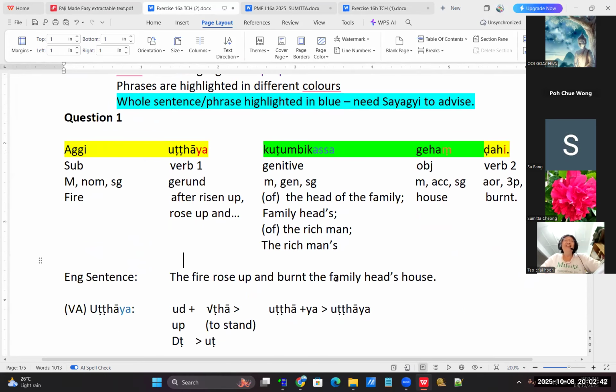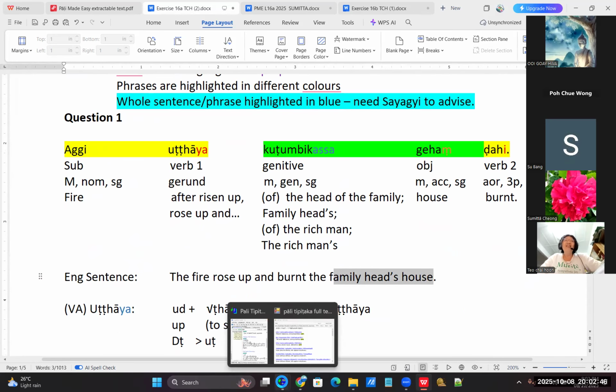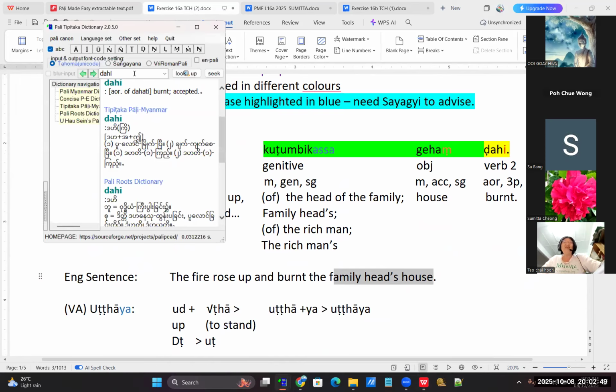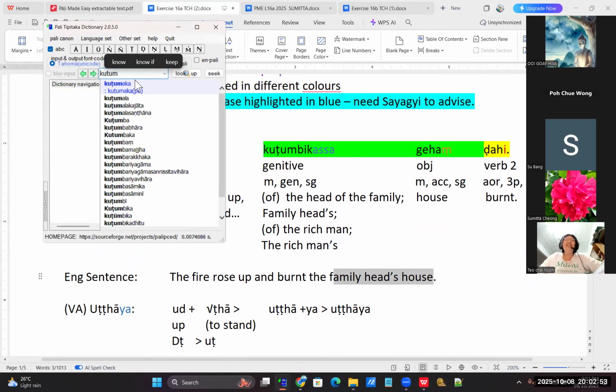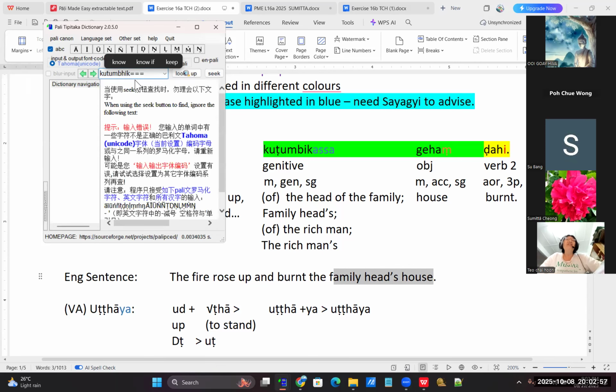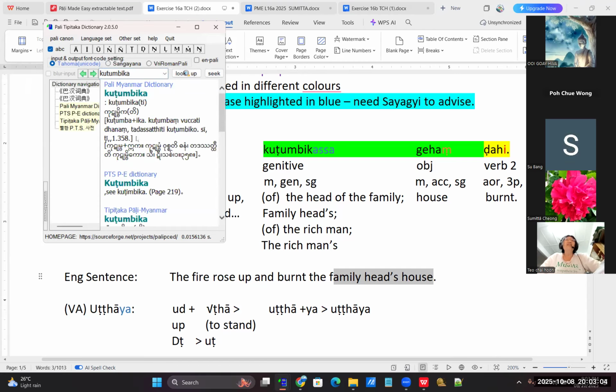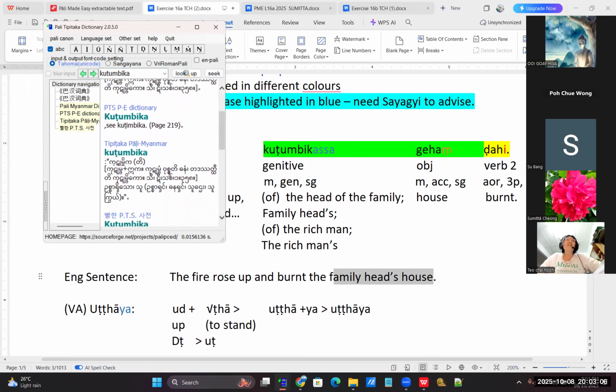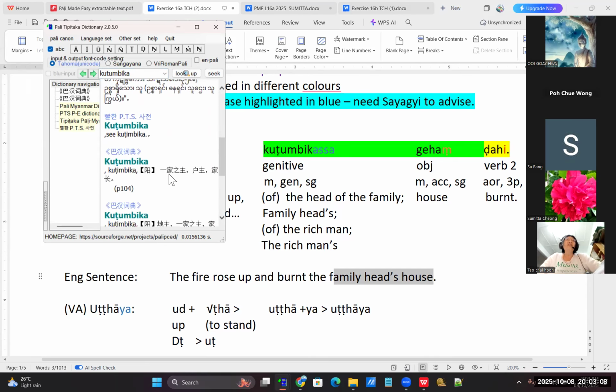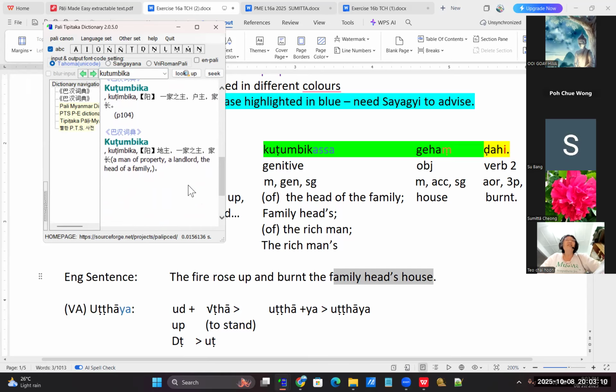Kutumbika: family head, house. What is family head? That means the head of the family, mahapati. Kutumbika means head of the family, 一家之主.